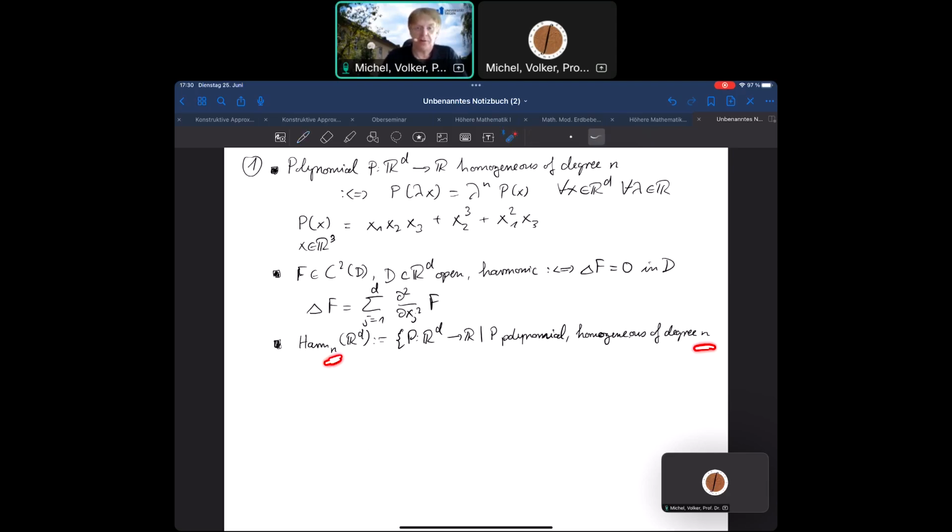So the index in the name of the space refers to the degree of the polynomials. So it's homogeneous of degree n and harmonic in R^d. So it's the set of all harmonic and homogeneous polynomials of degree n.